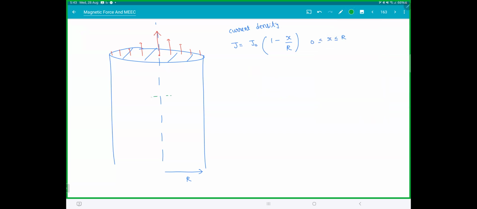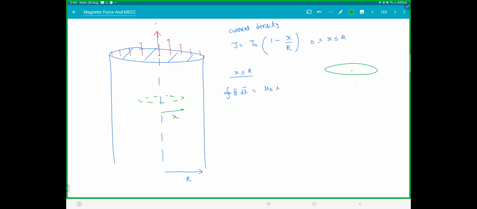So consider an Amperian loop at a distance x. For x less than R, integral B dot dl. Now, if you see that entire green circle looks symmetrical about the center, so B must be the same. It is equal to mu naught into I crossing. Now, what is the I in this?